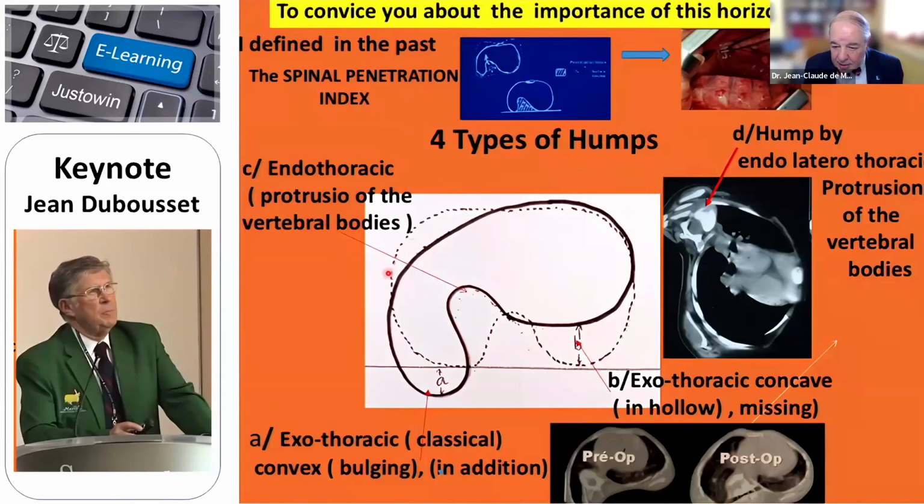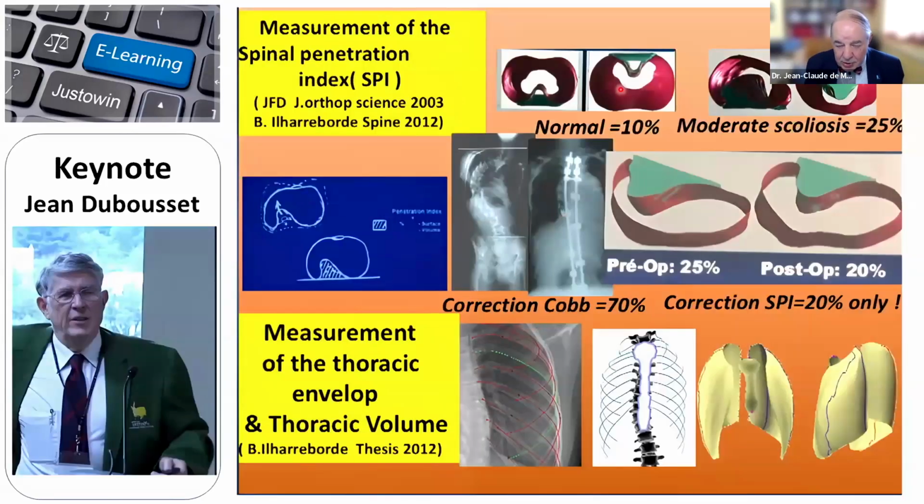And this was very important, especially at this time for surgery. I don't insist because it's more for surgery. And you see the representation of the contour of the thorax and the lungs.